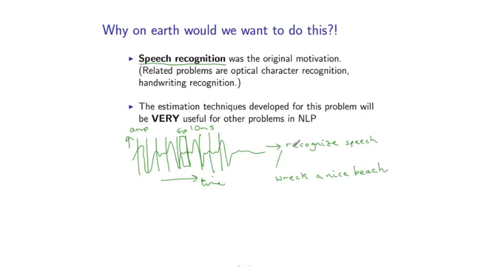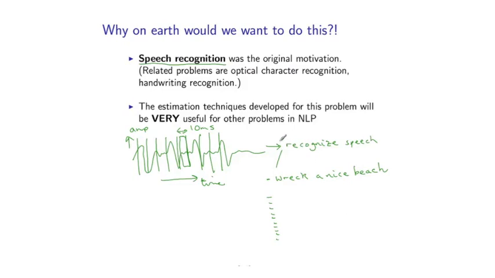And if you simply look at a measure of how compatible this sentence is with this acoustics versus this sentence, it's quite possible you might confuse these two sentences. And this is just one example sentence. In practice, there are many, many other possibilities which might have a reasonable degree of fit with the acoustic input and might be quite confusable with the true sentence, recognized speech in this case.